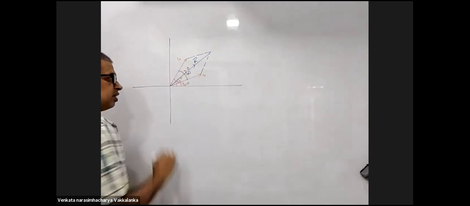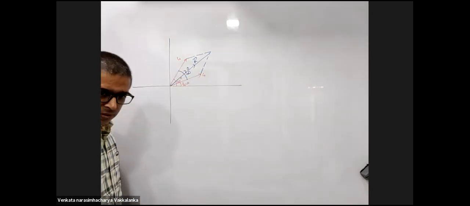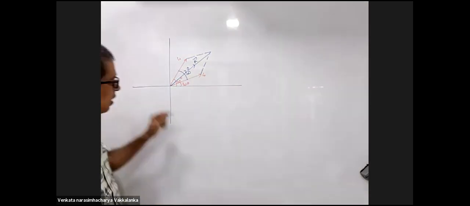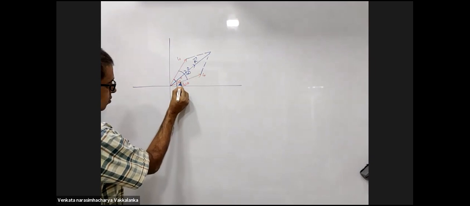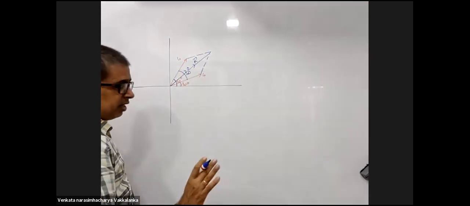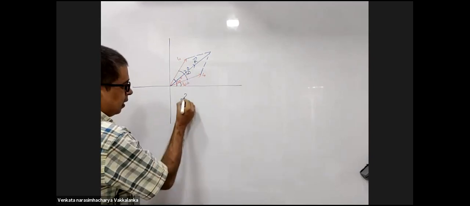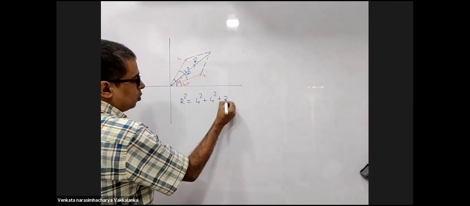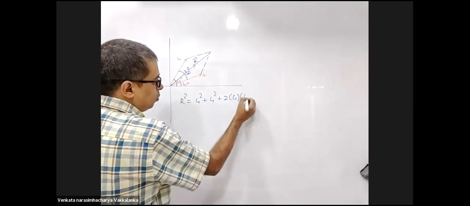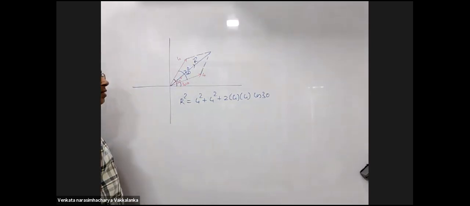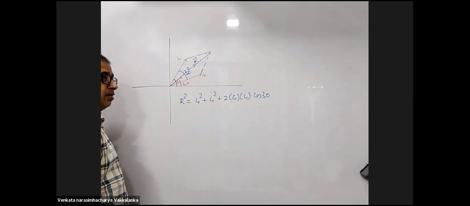Can I claim it's 30 degrees? Yes. Angle between the two vectors will be 60 minus 30. This complete angle is 60, this is 30, so it will be 30. I took convenient numbers for myself. R square is 4 square plus 4 square plus 2 into 4 into 4 into cos 30. Agreed? Yes, sir.